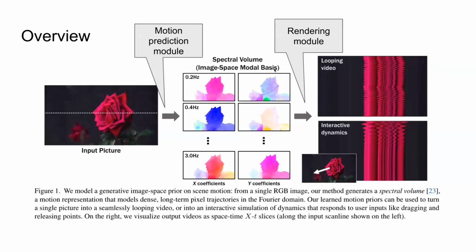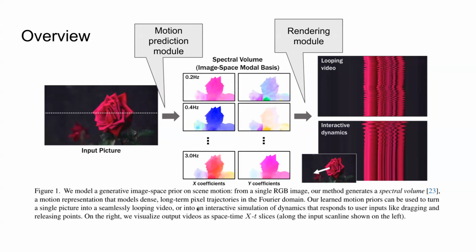Some hints you can get from the middle part, the spectral volume: there are 0.2 hertz, 0.4 hertz, 3.0 hertz. These are all frequencies. Also at the bottom, you can see the X coefficients and the Y coefficients.